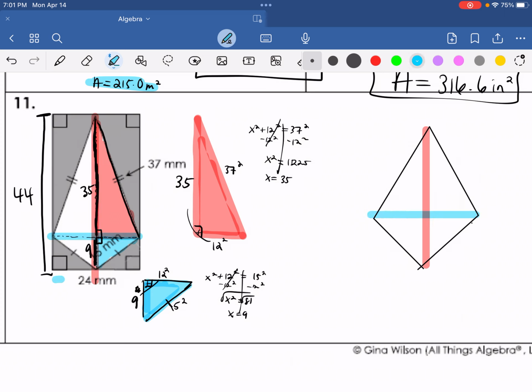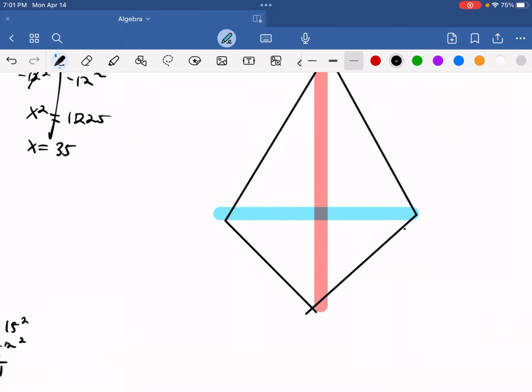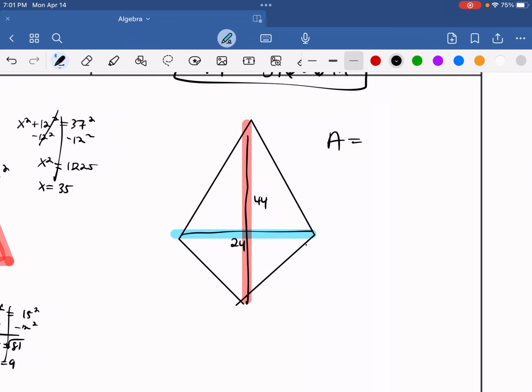And we know that's 24 because we know that the bottom is 24. So actually it's the same numbers. This is 44 and this is 24. But the formula for a kite is 1/2 d1 times d2. So it's 1/2 times 44 times 24.